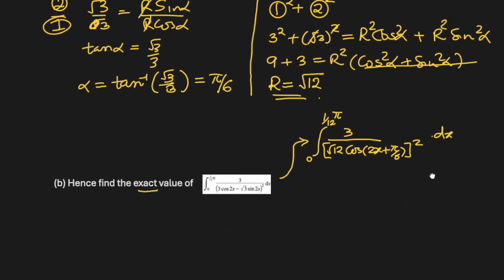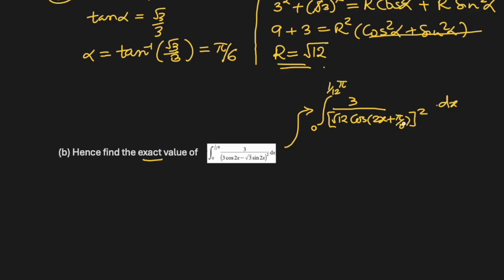Okay. Now, let's try to simplify this one first. So it becomes from 0 to 1 over 12 pi, 3. Now if I square the square root 12, it will become complete 12. Then cos will also be squared, and the angle 2x will remain whatever it is.